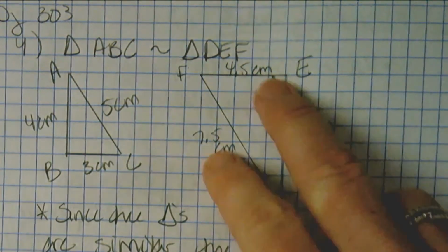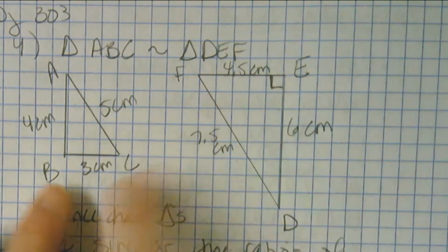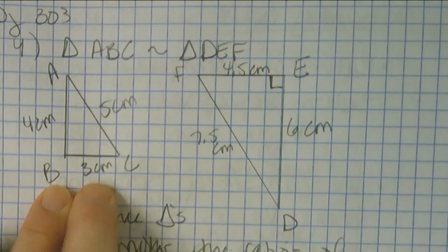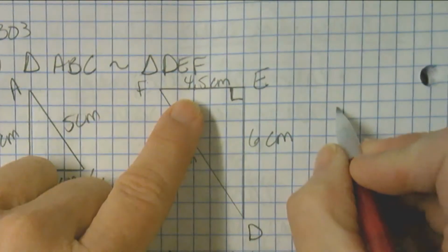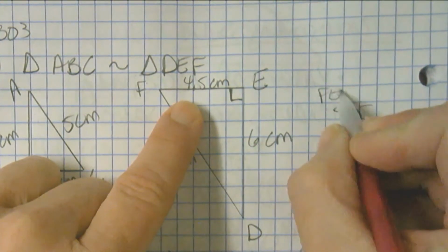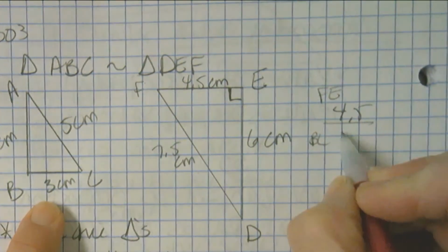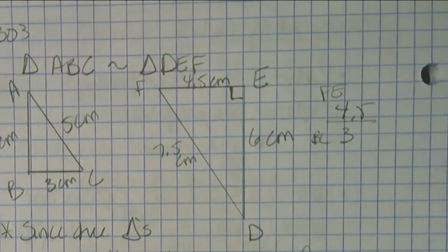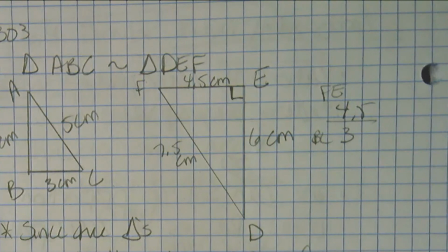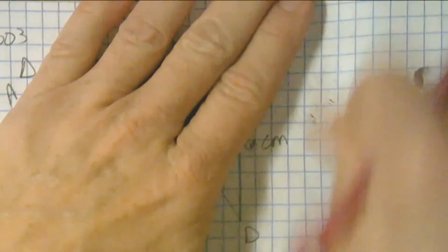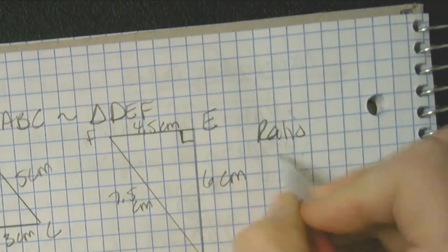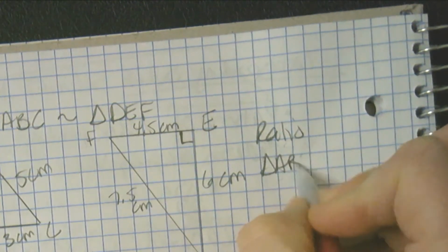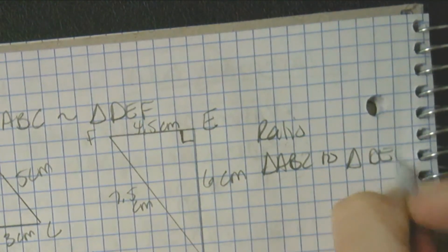Yeah, I've got decimals here. If I was to write the ratio, well, first of all, BC and EF are corresponding sides. So if I was to write that ratio of 4.5, here is my FE, over BC, which is 3, that's funky. And we want our ratio of triangle ABC to triangle DEF, so I need to make sure I write that right.